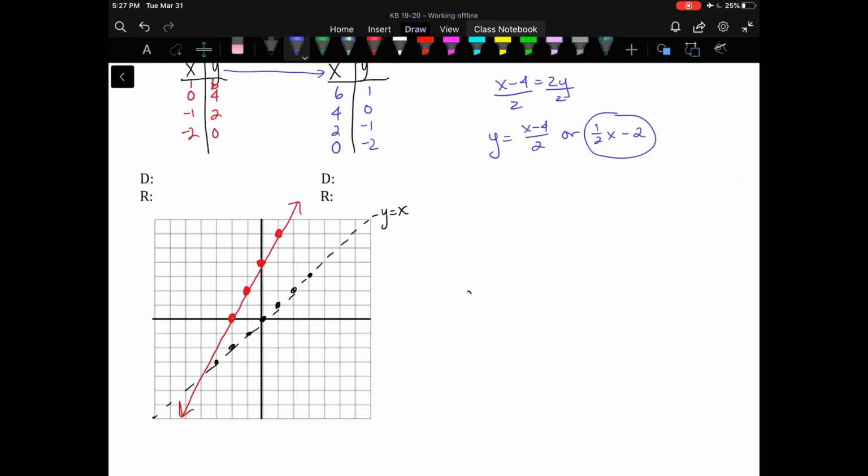And so if we go to graph that, you have 6, 1, which would be right here, and then you're going to have 4, 0, and then we would have 2, -1, and 0, -2. And so you'd see that it hits -2 and had a slope of 1/2. And so there's our graph of our inverse.